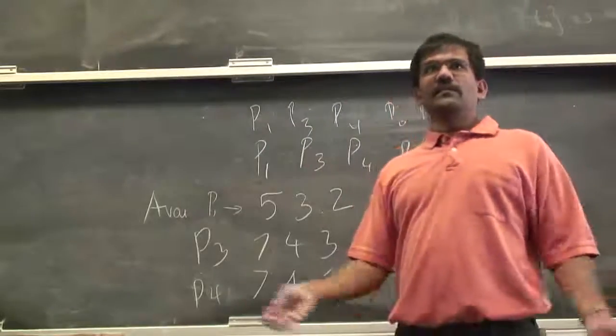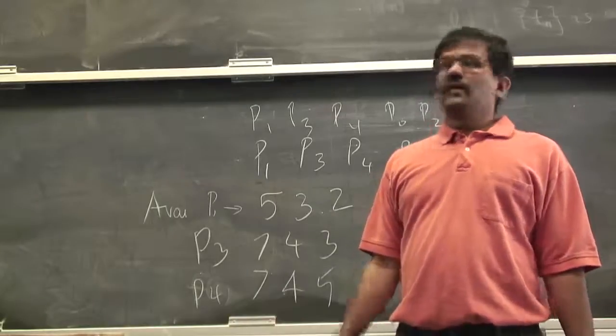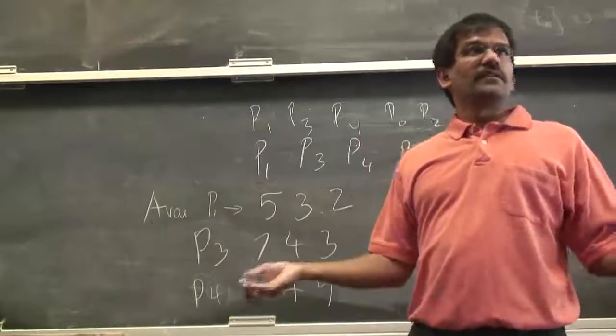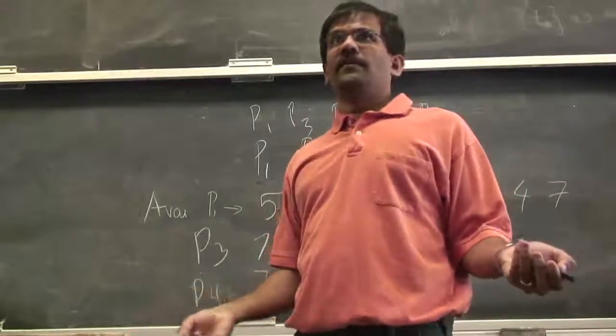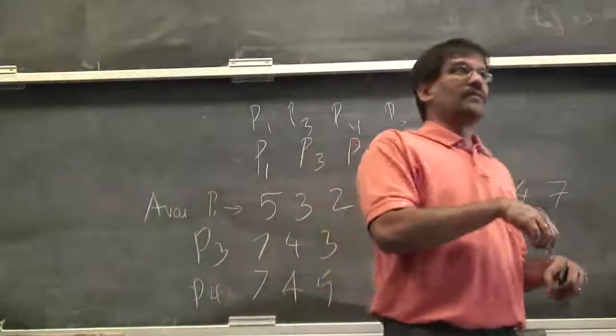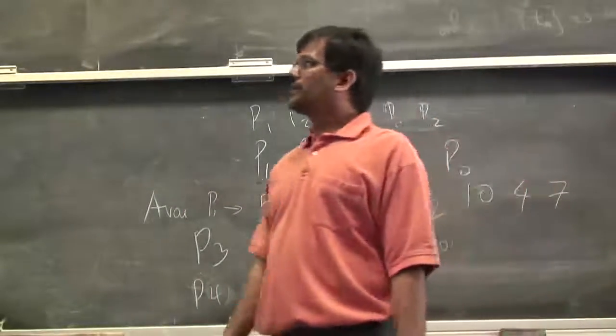So if all of them can finish, then they're not in a deadlock state. If no such sequence existed, then there's no way you can finish from the state where you are, right? Assuming that all the processes were to finish and release the resources, you still can't finish, right? So you'll be in deadlock.